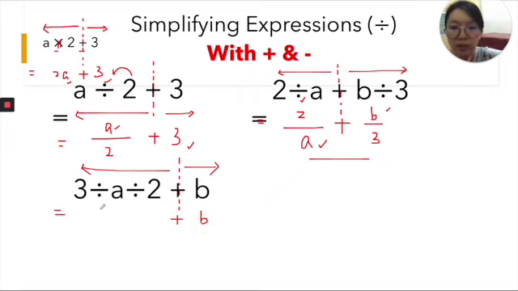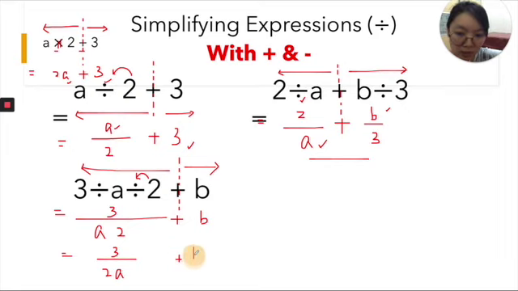On the left, whatever comes first, 3, divide by A. 2 come after, divide, 2 at the bottom. Rewrite again, it is 3, divide by number first, alphabet then, plus B. If it is a plus, look for like terms. No like terms, this is the answer. 3 divided by 2a plus b.